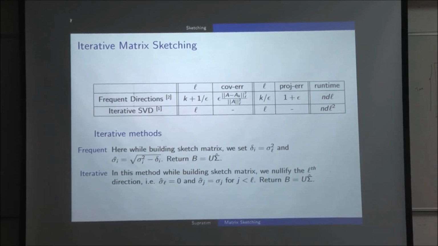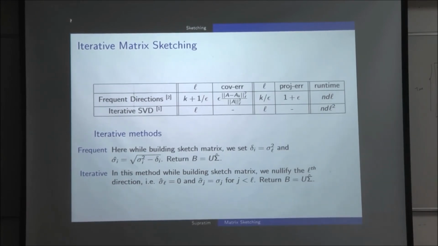And there is one more called iterative SVD. In here, we do not change the singular values of the sketch matrix until L minus 1. We only nullify the last direction over here. So this you can relate to the Misra-Gries that we have seen.